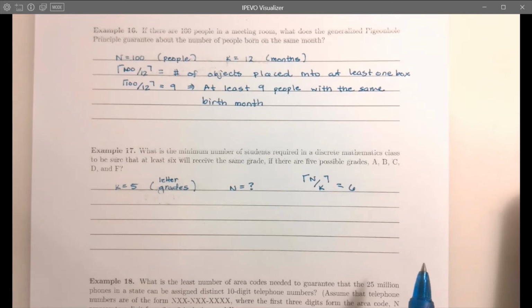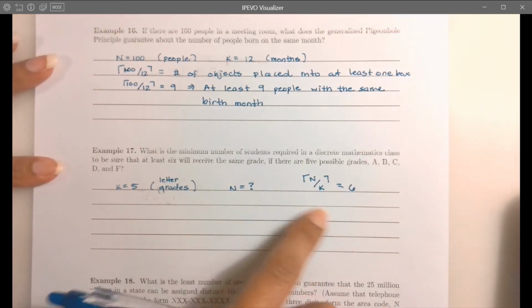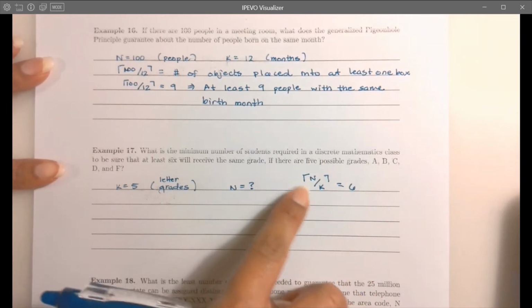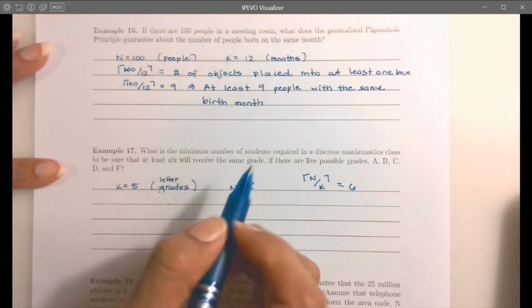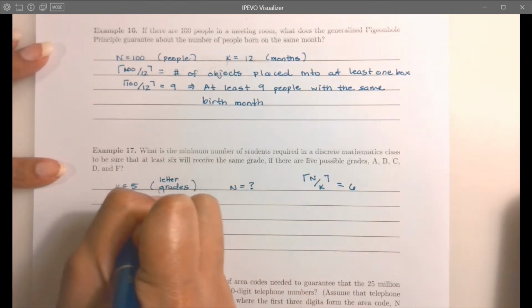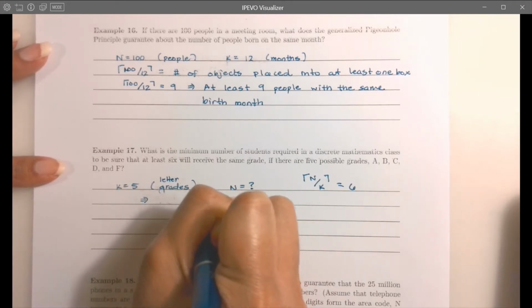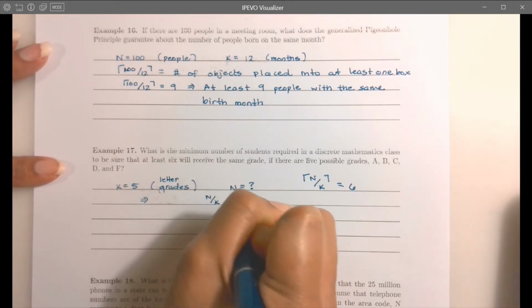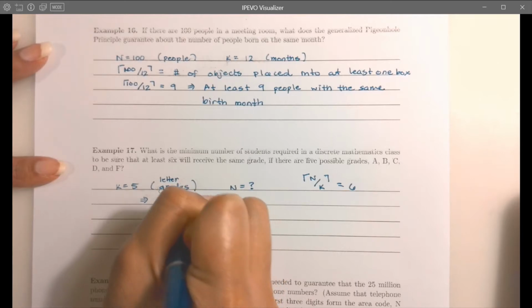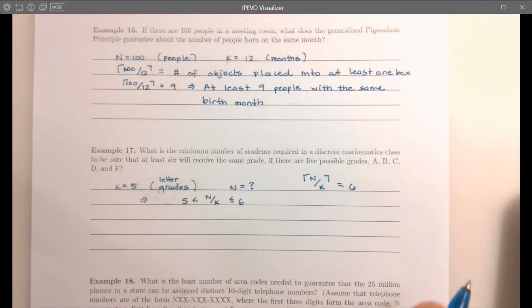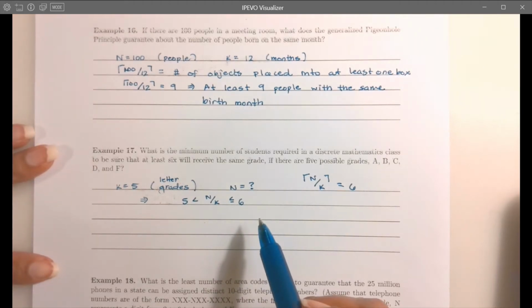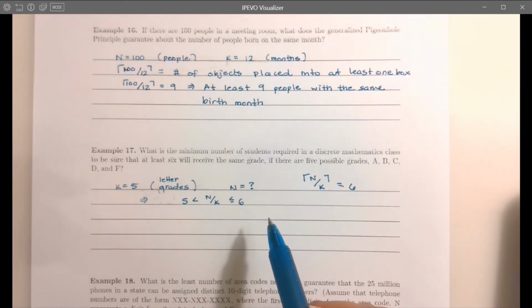Okay, so what can we do at this point? We can start by using this idea that the ceiling of n over k is 6, because that means that n over k has to be at most 6, and it has to be greater than 5, in order for this to be true. And then we can also replace in what k is.